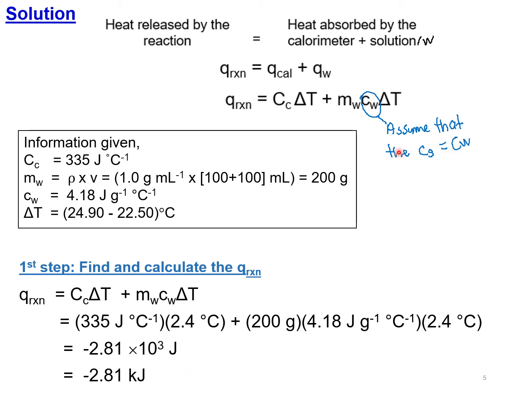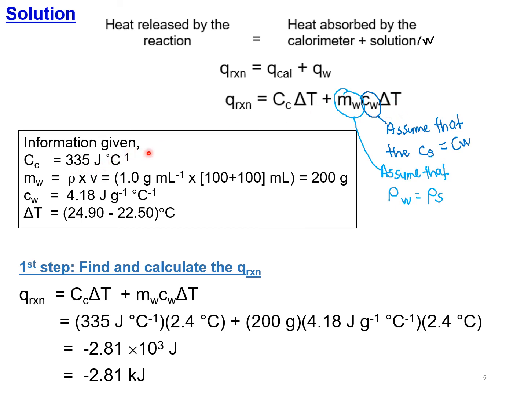Okay. Lepas tu also the mass ni, you pun kena assume that the density of water is equals to the density of solution, sebab dia tak bagi juga. Alright. And then kalikan dengan delta T.